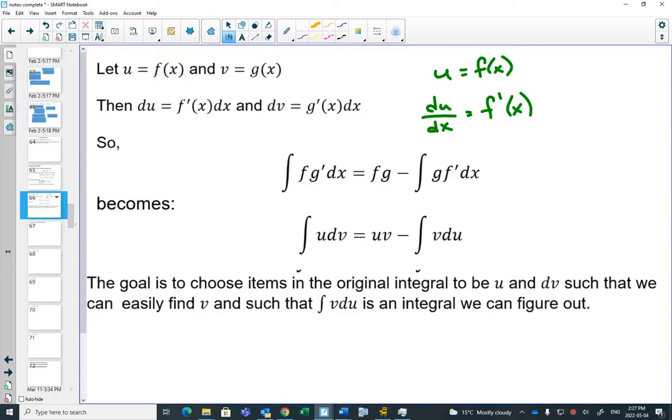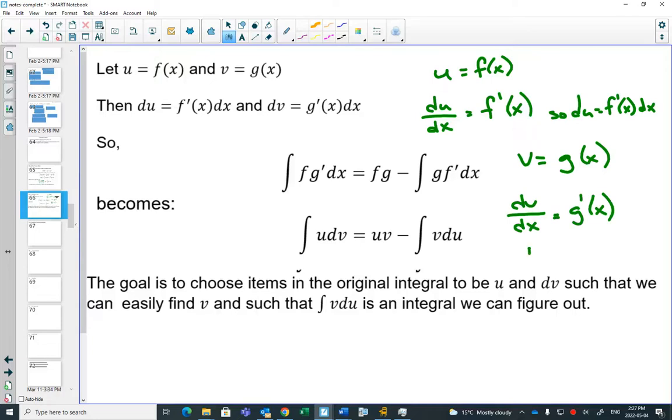And so using this trick that we learned in integration by substitution, we can say that du is equal to f prime of x dx. Similarly, if v is equal to g of x, then dv/dx would equal g prime of x, and dv would equal g prime of x dx.